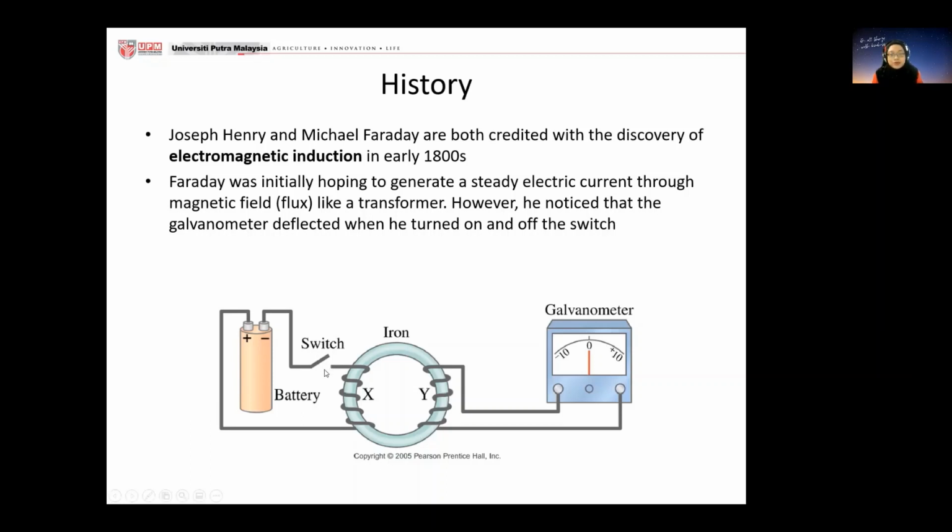So he did that, and that happened. And when he switched it off, the same thing happened, but the direction is different. So imagine before this, the galvanometer is moving here. When he switched it off, the galvanometer goes that way.